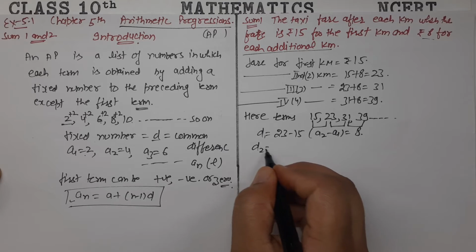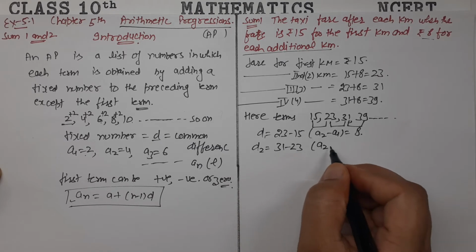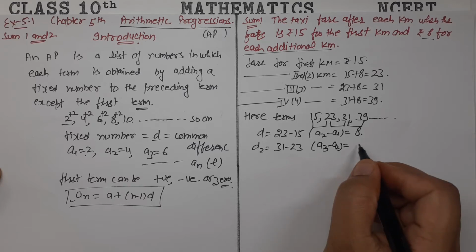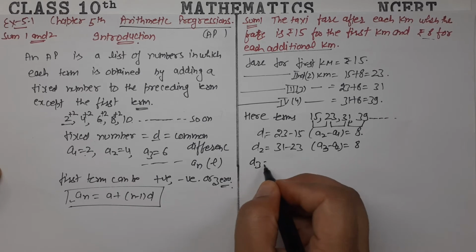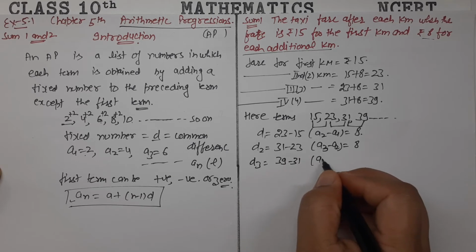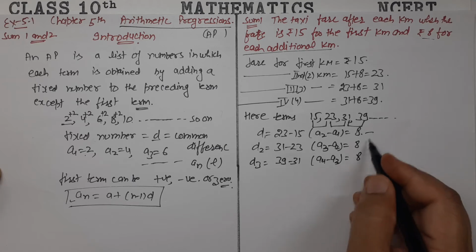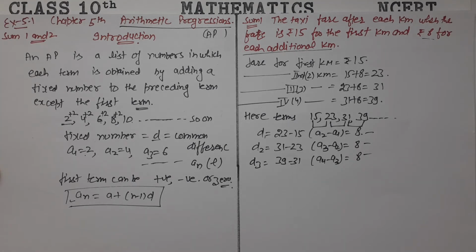Next D, 31 minus 23, that is A3 minus A2, also 8. Next D, 39 minus 31, A4 minus A3, also 8. Here D is the same, that's why the given situation forms an AP.